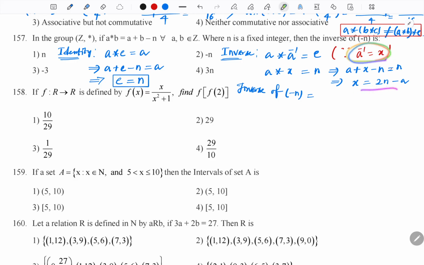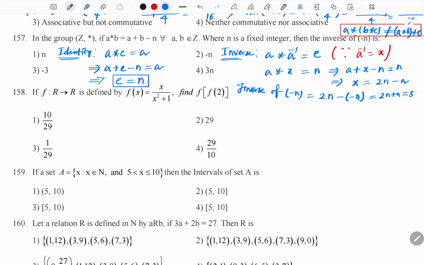What is the answer of x here? It is nothing but 2n minus A. What is A? Minus n. So minus of minus n plus 2n gives n plus 2n. This answer goes to 3n. So finally, how much did I get as the answer? 3n, students.